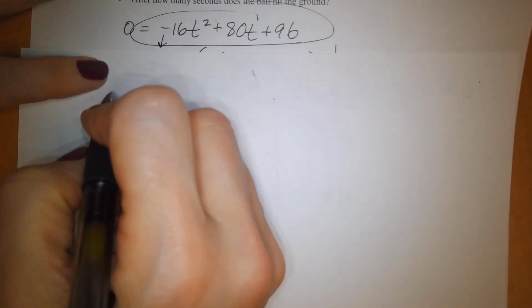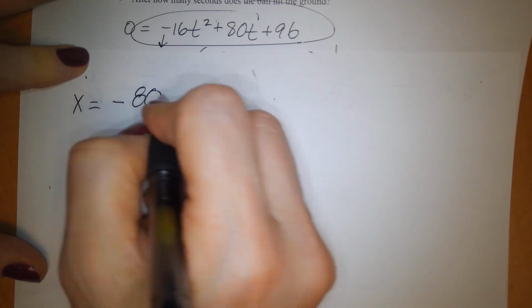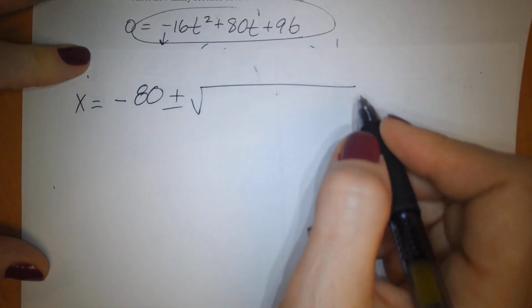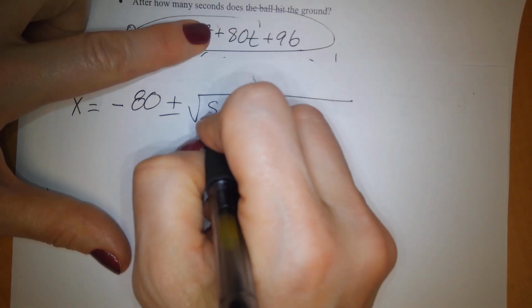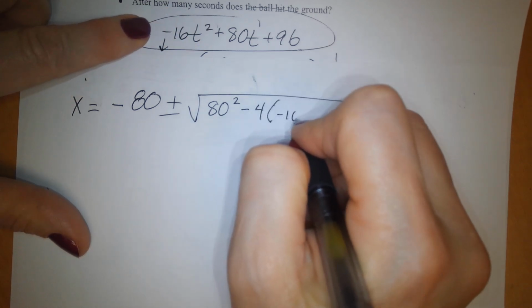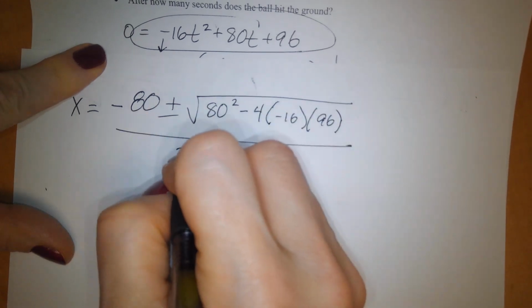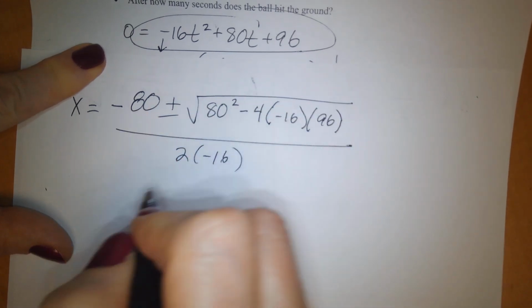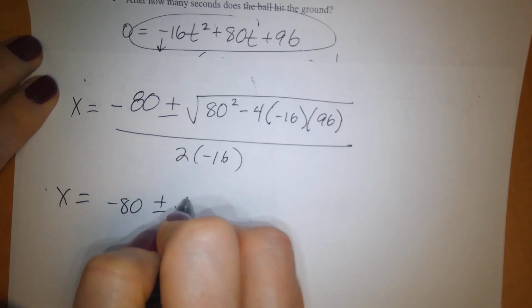The quadratic formula says negative b plus or minus the square root of b squared minus 4 times a times c all over 2a. So I'm going to need my calculator's help on this one.